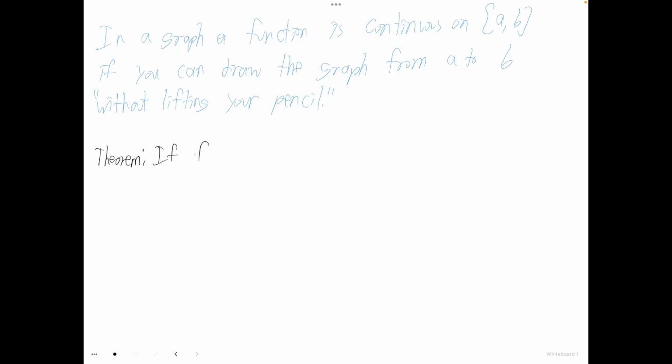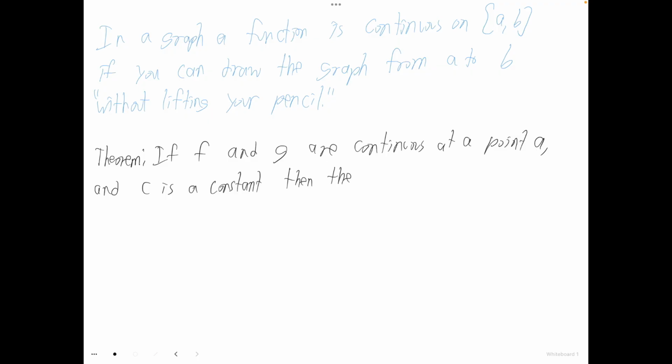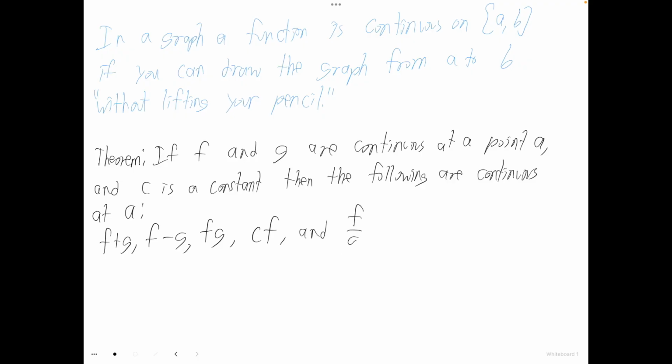If f and g are continuous at a point A and c is a constant, then the following are continuous at A. So we have f plus g, f minus g, f times g, a constant times f, and f divided by g if g of A is not 0.